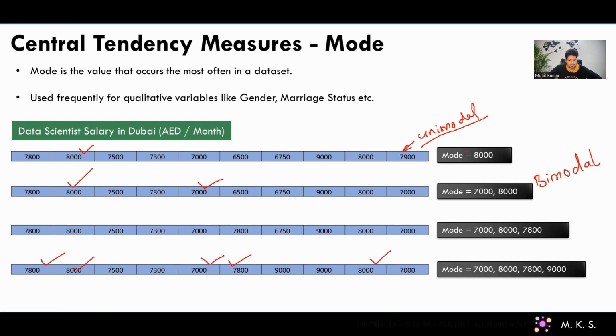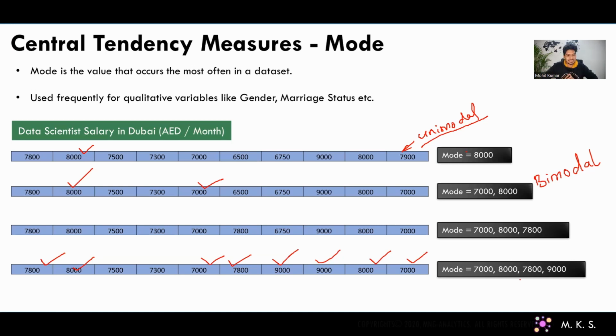Then we have 7,000 and 7,000, 9,000 and 9,000. Here we have 4 modes, which are nothing but 7,000, 8,000, 7,800 and 9,000, right? So we call it multimodal data. I hope you understood the concept of mode, how we calculate it, and the different types of modal data: unimodal, bimodal, trimodal, and multimodal.